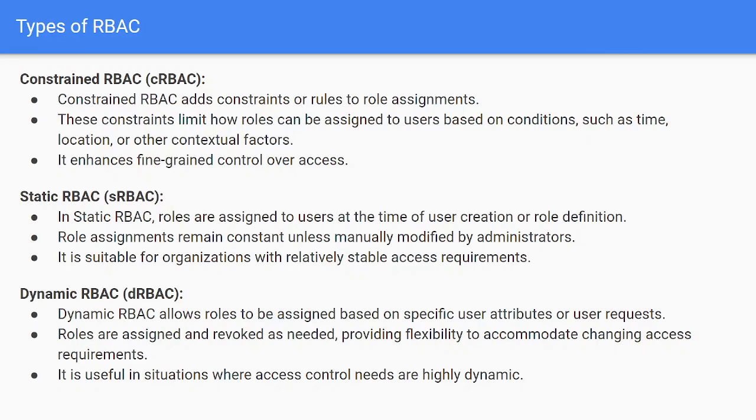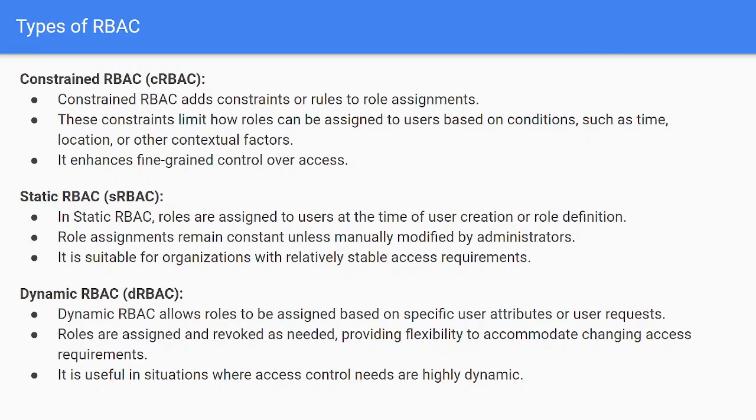And based on the organizational need, based on how the organization is structured, based on what the organization is doing, based on your JD and everything, this is how organizations pick the type of role-based access control that they use. And it's not set in stone. You can be using a hierarchical role-based access control, and it can also be static. You can also be using hierarchical role-based access control, and it can be dynamic.